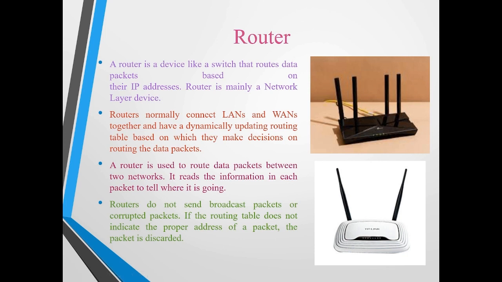Now the next device which we are having is gateway. This is one kind of networking device, an intelligent networking device which connects dissimilar networks. Dissimilar network means, as different ISPs have different structures, right?